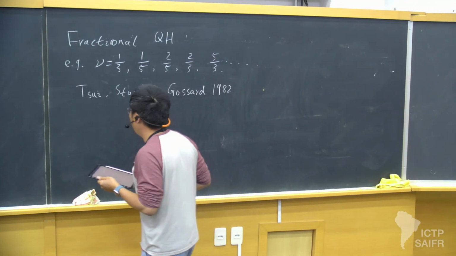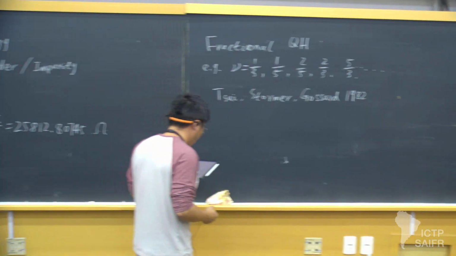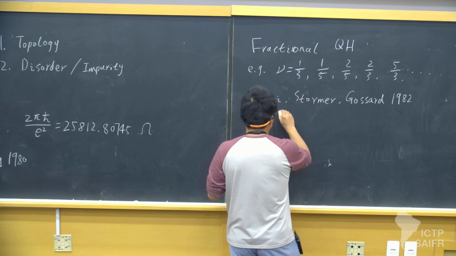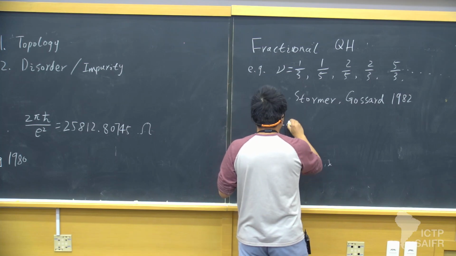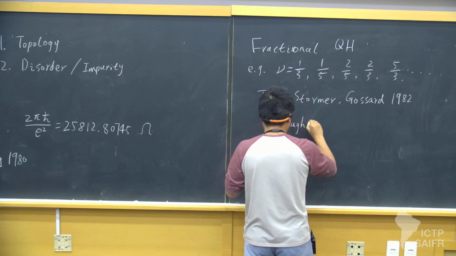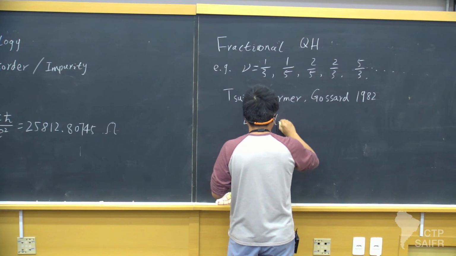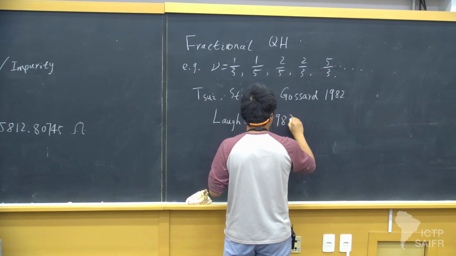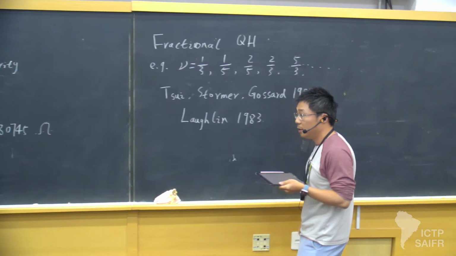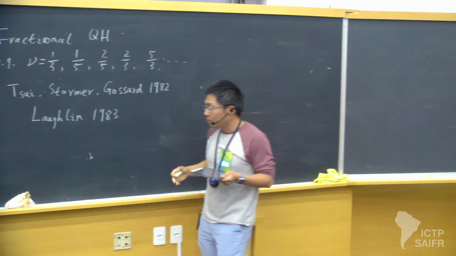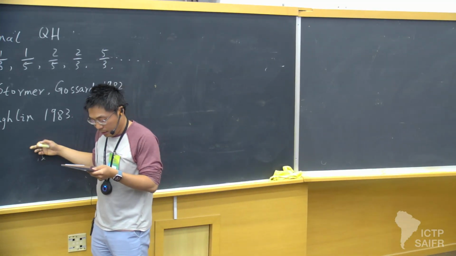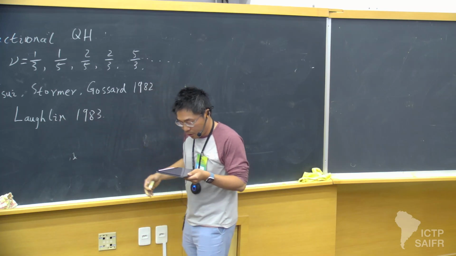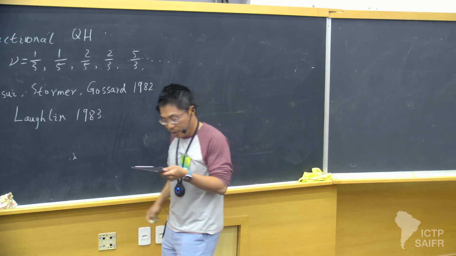After this remarkable experimental discovery, Laughlin came up with a very beautiful way to explain those experiments one year later. And no doubt those guys also got a Nobel Prize at some point.